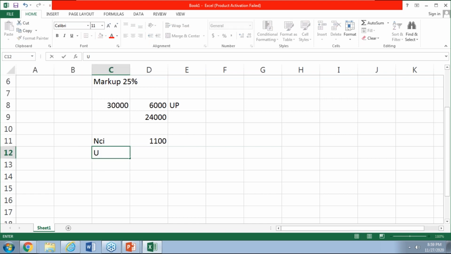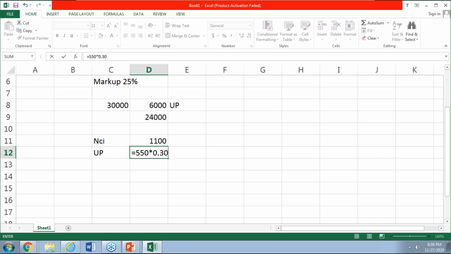Unrealized profit will be adjusted here because the subsidiary is selling goods to the parent company, and it's already mentioned that the unrealized profit is 550.